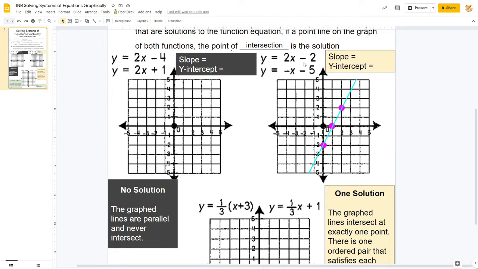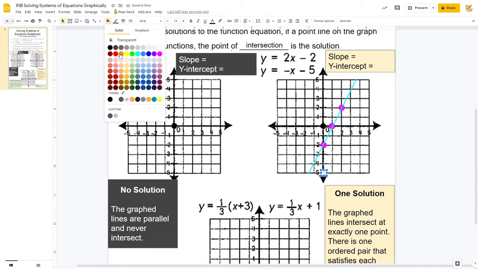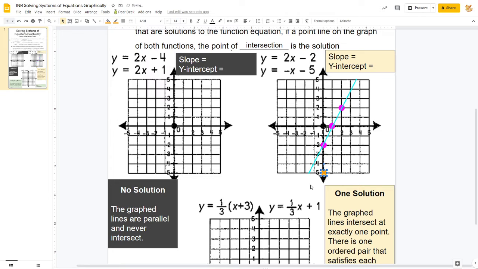Now I'm going to do the same for this one. So right here, my y-intercept will be at -5. So again, I'm going to make a circle at -5. Let's make it a different color, orange. Okay, copy, paste, paste.